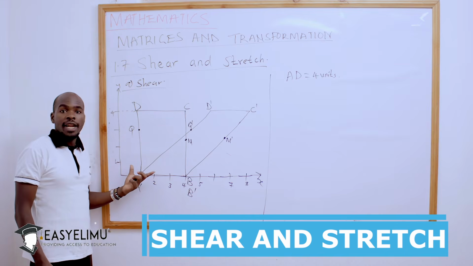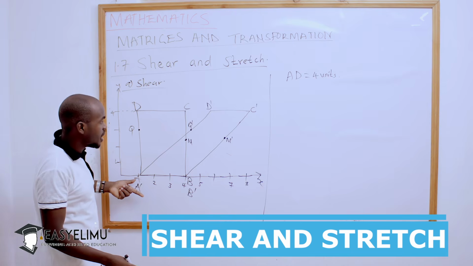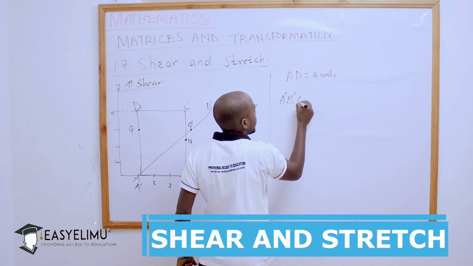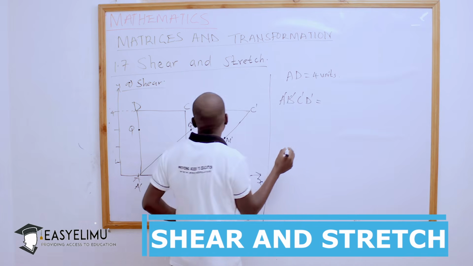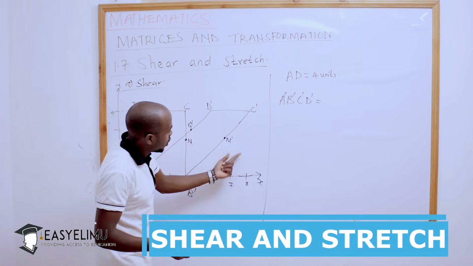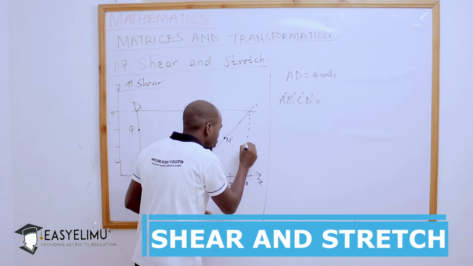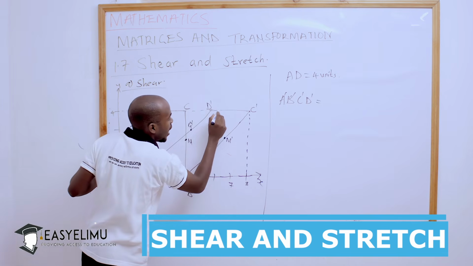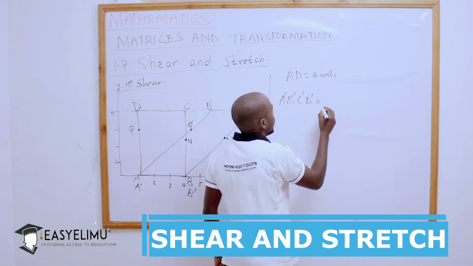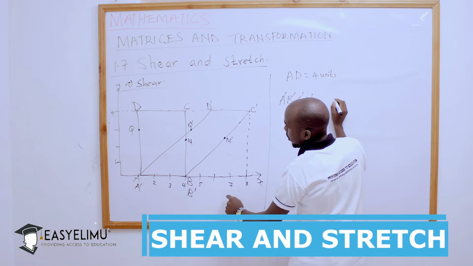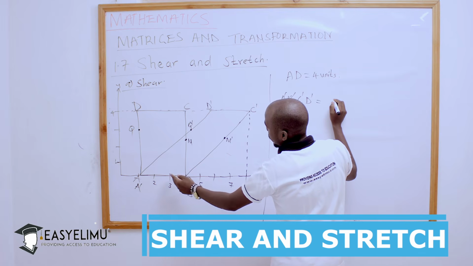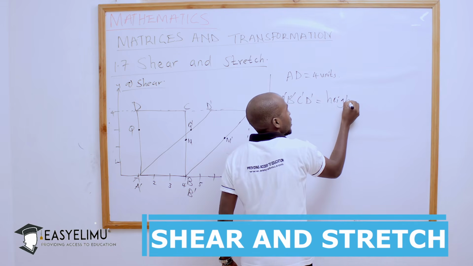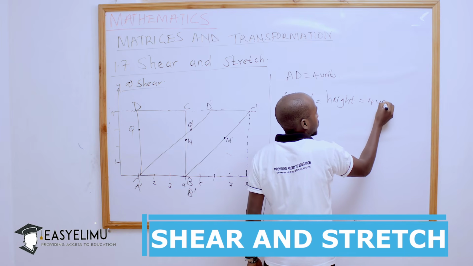From the same figure, we can identify that the image A prime, B prime, C prime, D prime is a parallelogram, and its height is also 4 units.